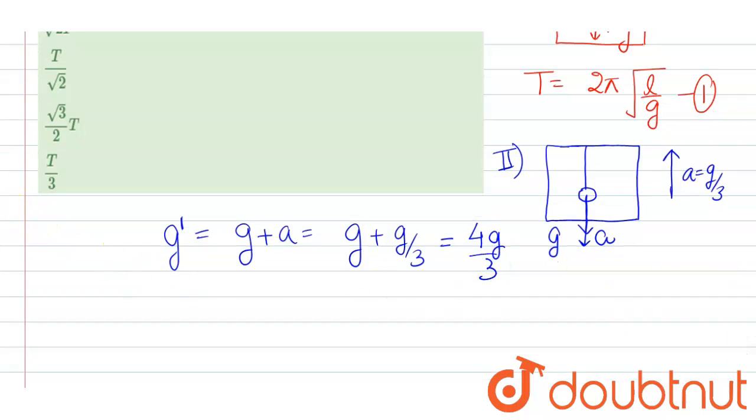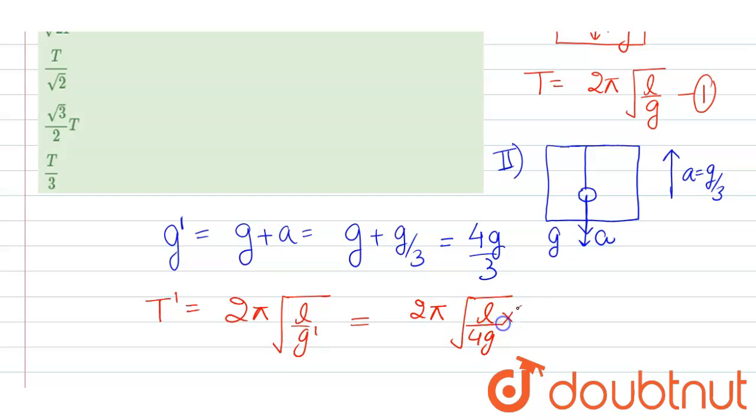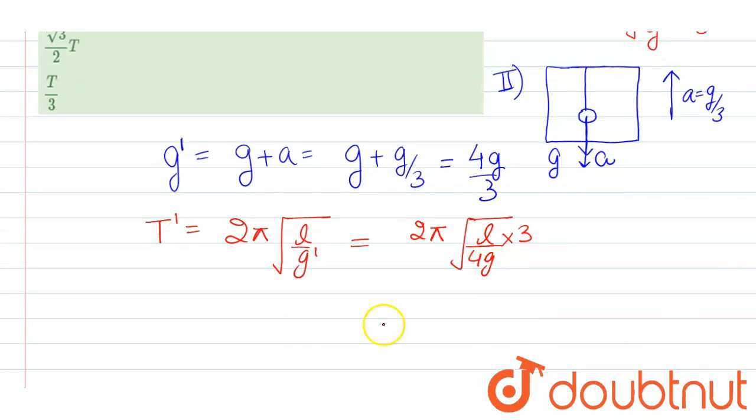Now we can write here the time period T dash will be equal to 2 pi under root L upon g dash. Now putting the value here, we get T dash equals 2 pi under root L upon 4g by 3. Taking 3 and 4 out of the root, we get root 3 by 2 into 2 pi under root L by g.